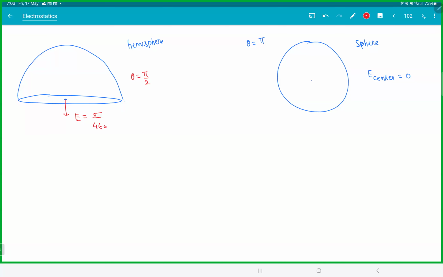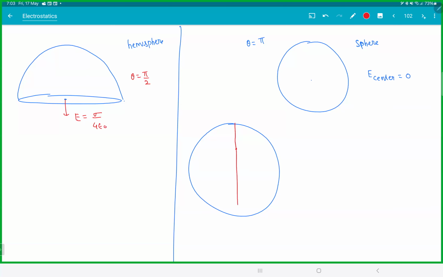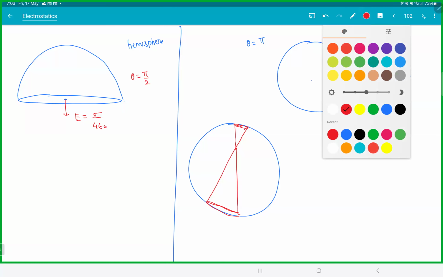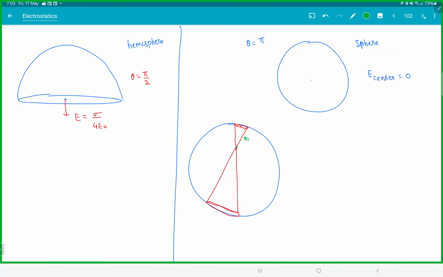But the full sphere, right? There is another way to do this. There's an interesting way. See, in a full sphere, if you randomly choose any point, and if you choose this part of the sphere, and this part of the sphere, and let this radius be r1 from here, and this radius be r2 from here, this angle and this angle are similar.